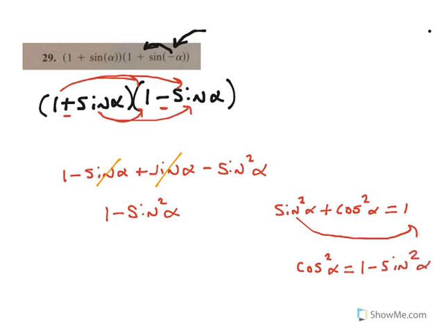So 1 minus sine squared can be replaced by cosine squared. So we'll say 1 minus sine squared in our problem over here on the right. 1 minus sine squared is just identical to cosine squared. And that should be number 29.